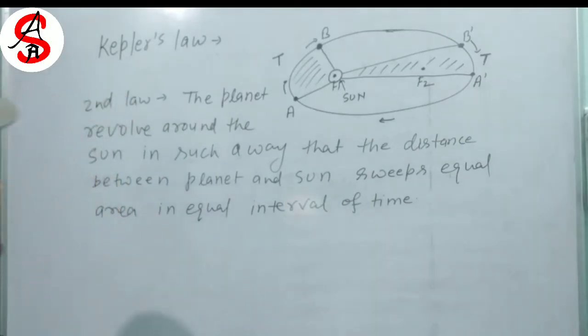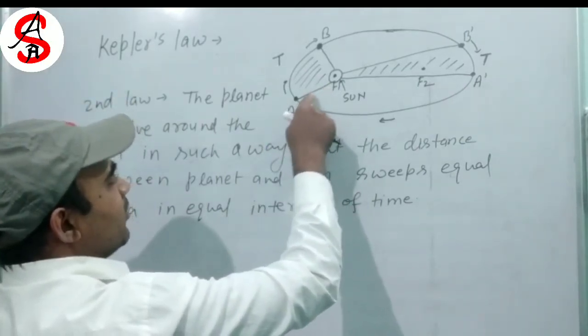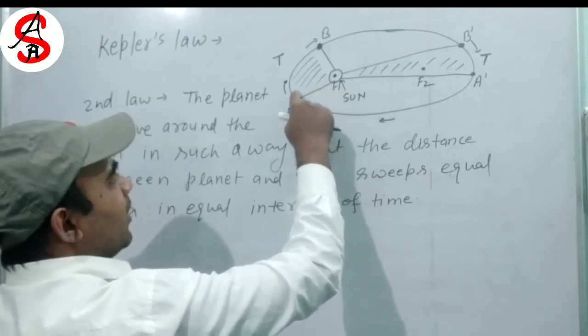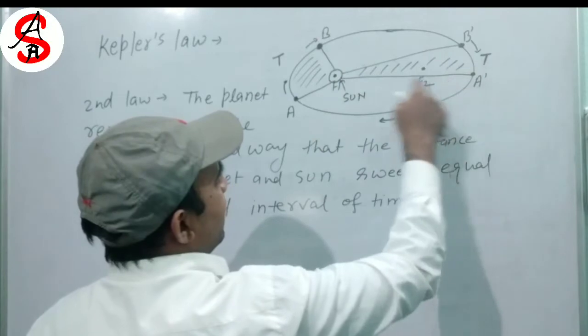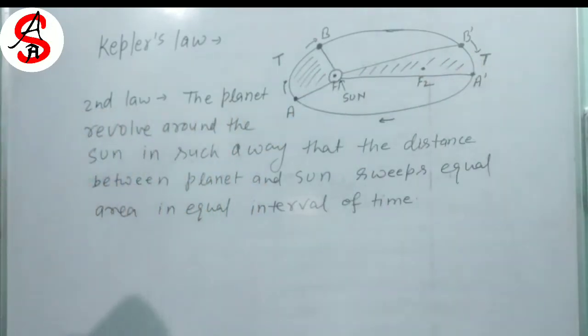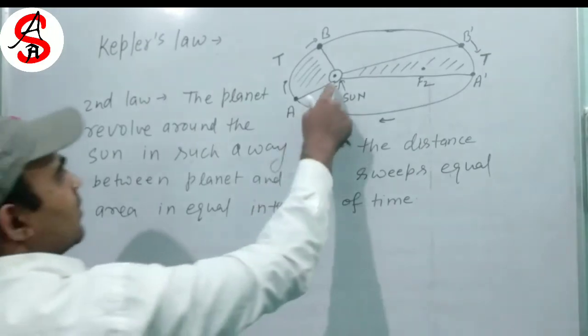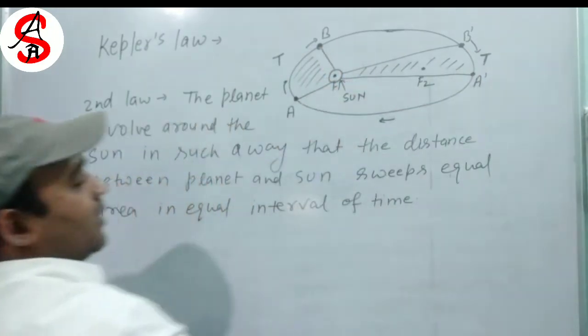So the second law states that the line joining the planet and the Sun sweeps equal area in equal interval of time. So it means that this area and this area are the same.